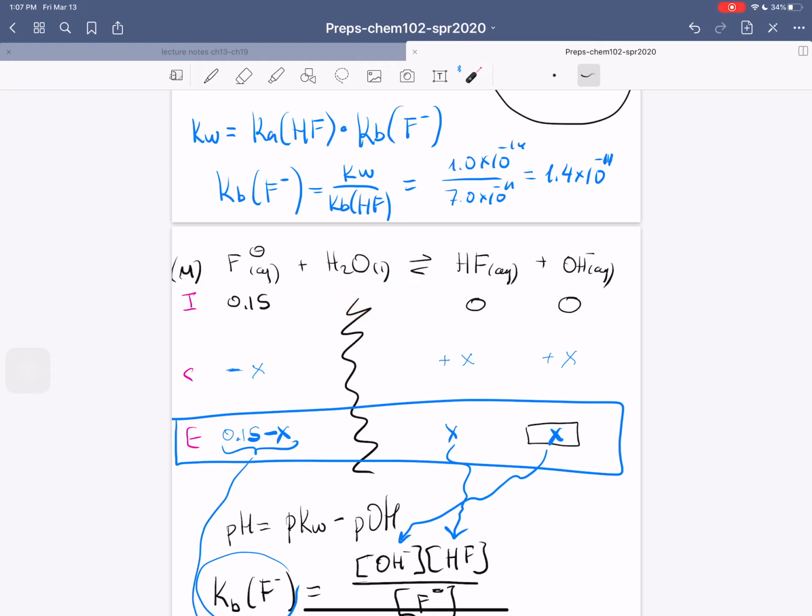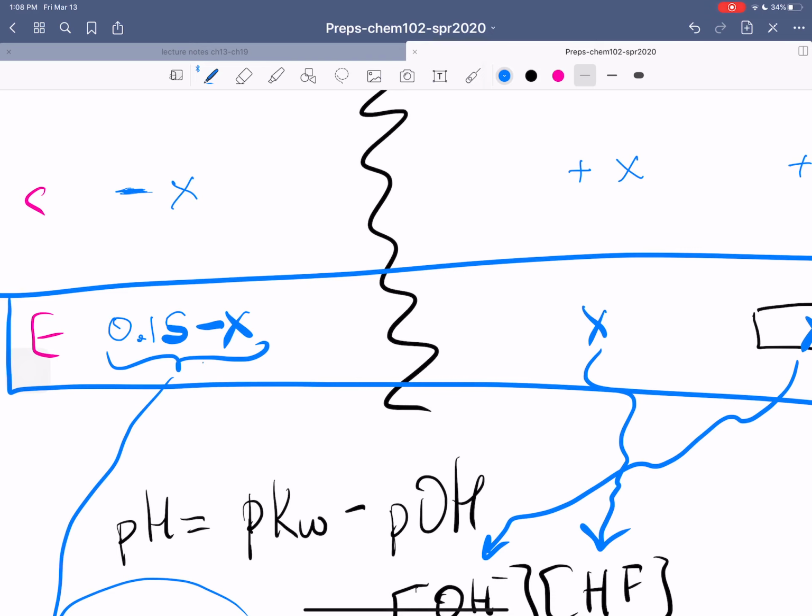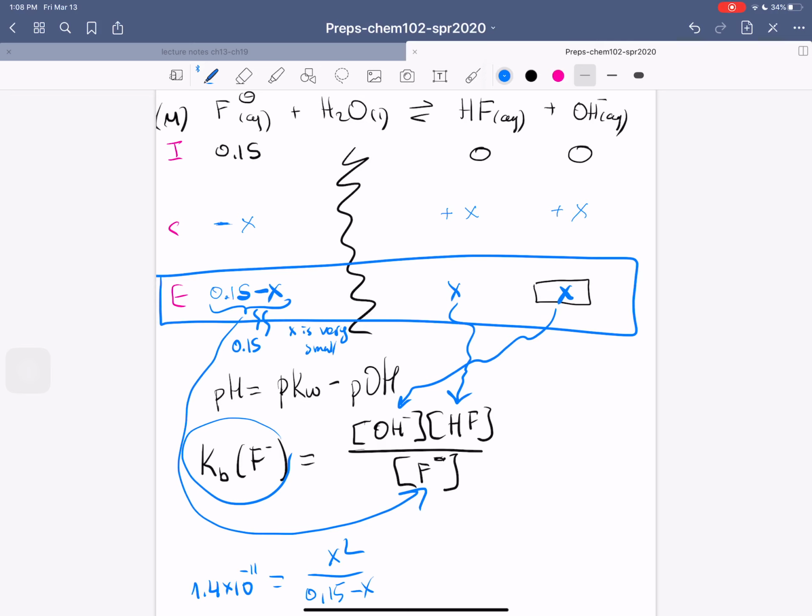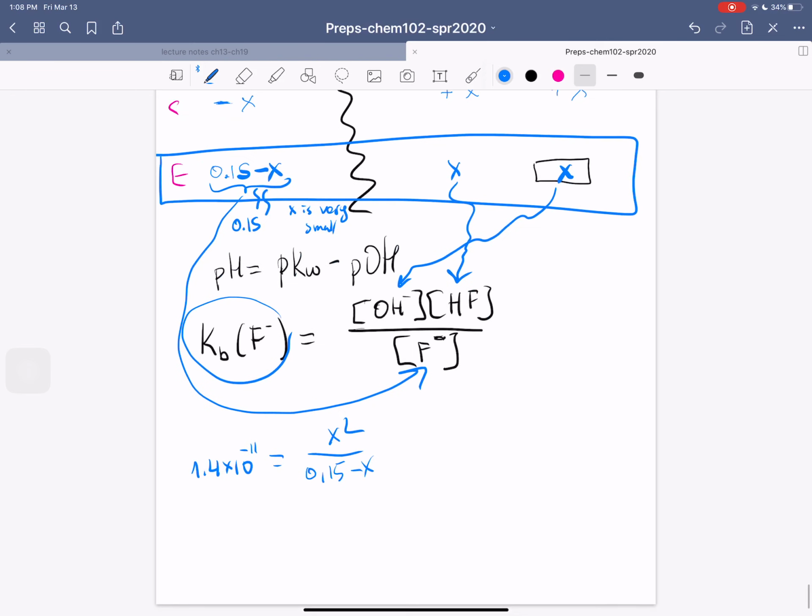It means that this x will be very small, and if this x is very small, then I can make my assumption that I like to make, that x is very small, so the equilibrium concentration is basically numerically very close to the initial concentration of the fluoride, and I can remove this x from here, to eliminate solving the quadratic equation.